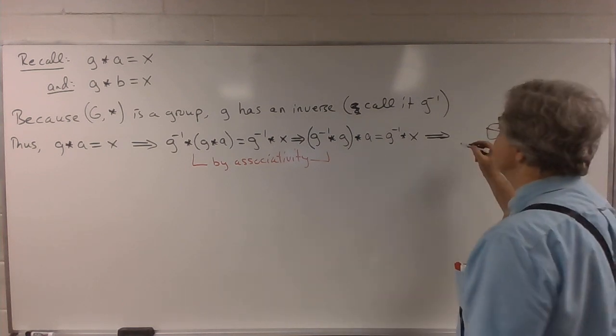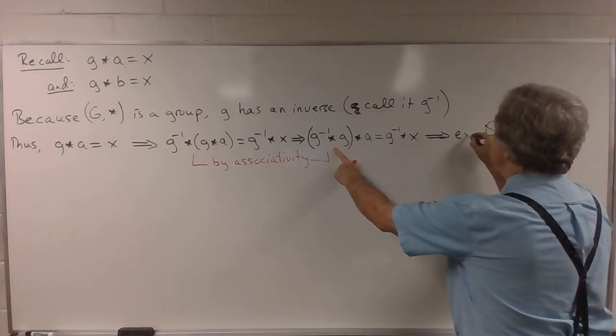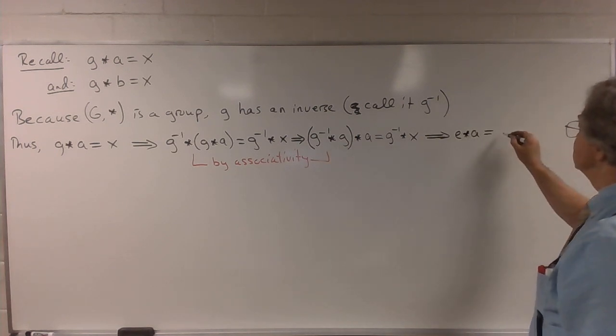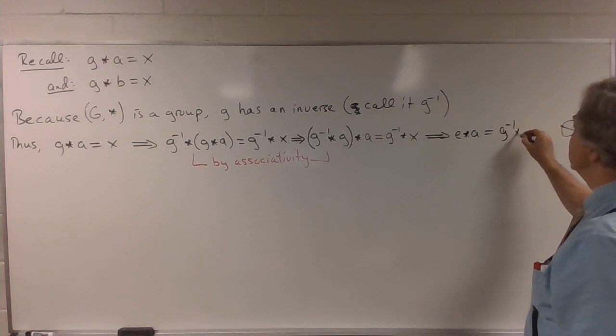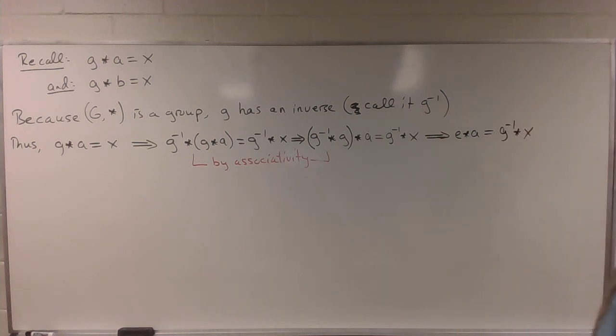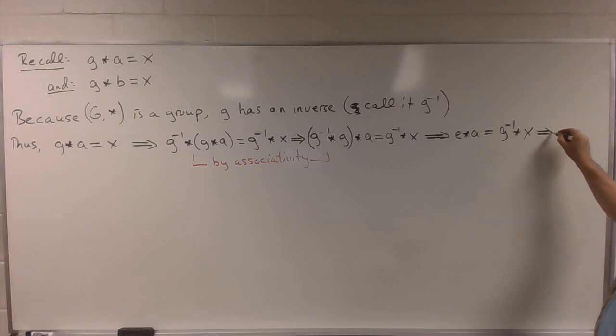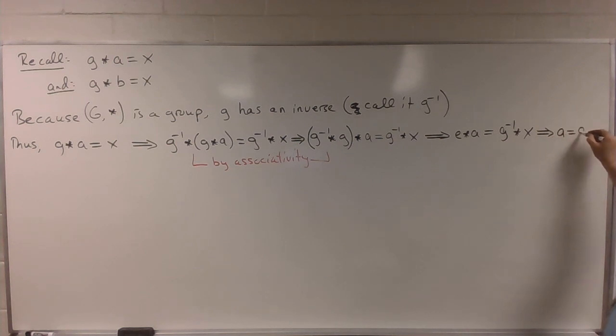So we have E star A is equal to G inverse star X. But what is the identity star A? Isn't that just the element A itself? So we have A equals G inverse star X.